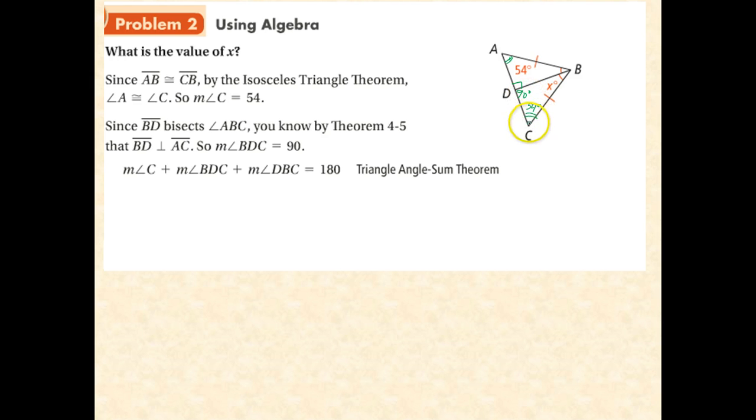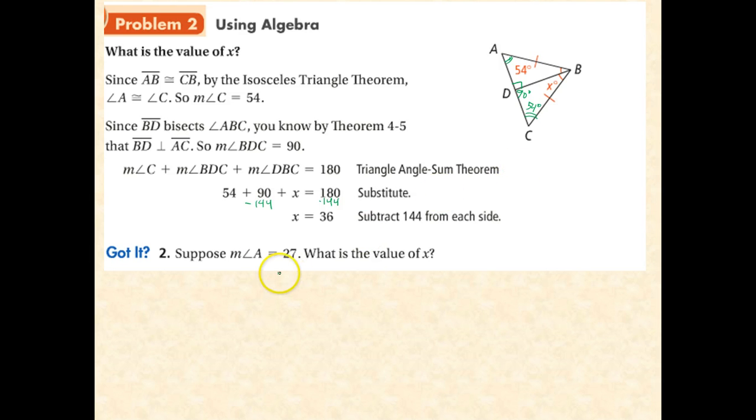And we know that the measure of angle C is 54, so we can use the substitution property of equality to plug a 54 in for the measure of angle C, plug a 90 in for the measure of angle BDC, and an x in for angle DBC. And now we can just solve. You add 54 and 90 together to get 144, and then you subtract 144 from both sides, and you get that x equals 36.